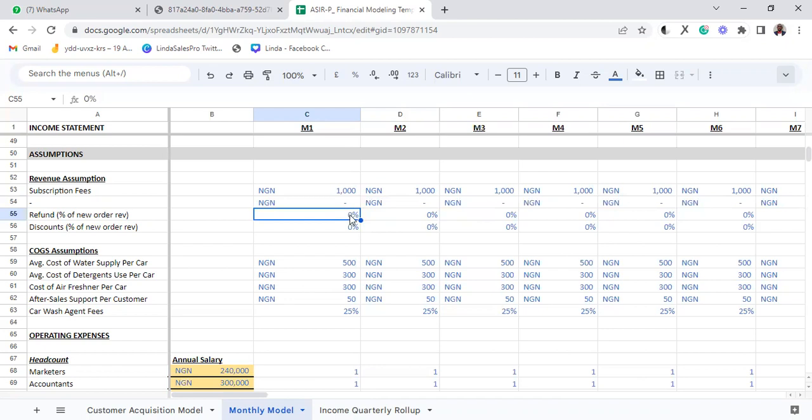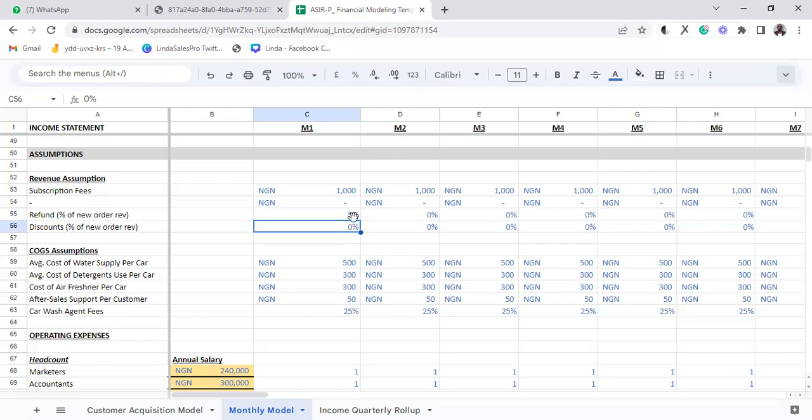Also, your model could be that your promise to customers happens to be, okay, sign up, we charge you, but if you're not okay, we'll refund you your money. So you can factor in here to say 5% of the customers always take back their money.